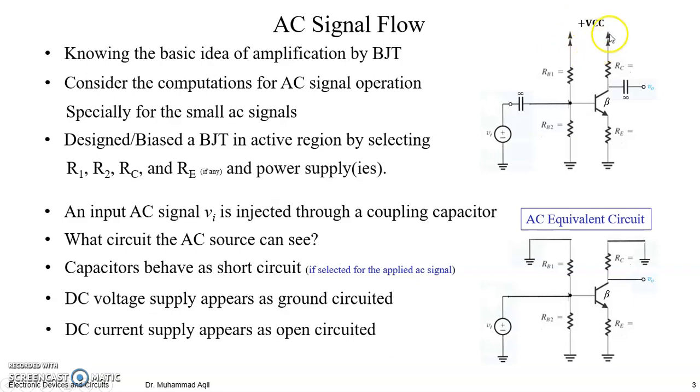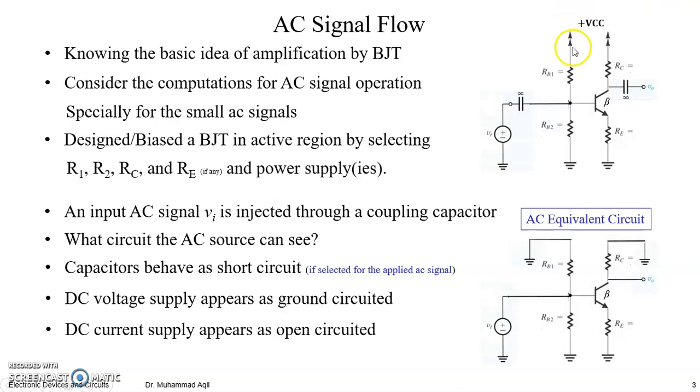So you can see we have to put a ground here for the AC equivalent circuit. We have to put a short circuit here for the capacitor, if designed for the frequency of the input signal, and also at this capacitor. So this is the circuit being watched by this input AC signal.